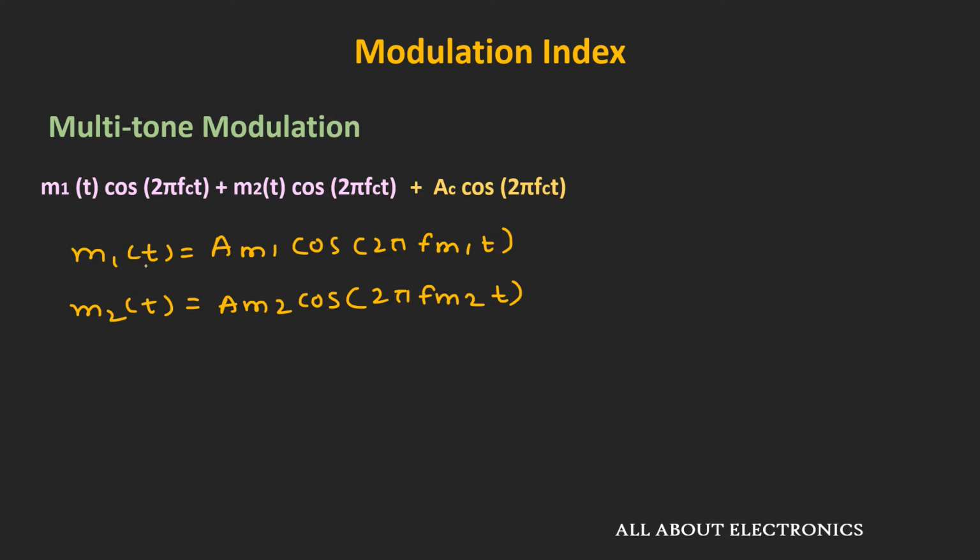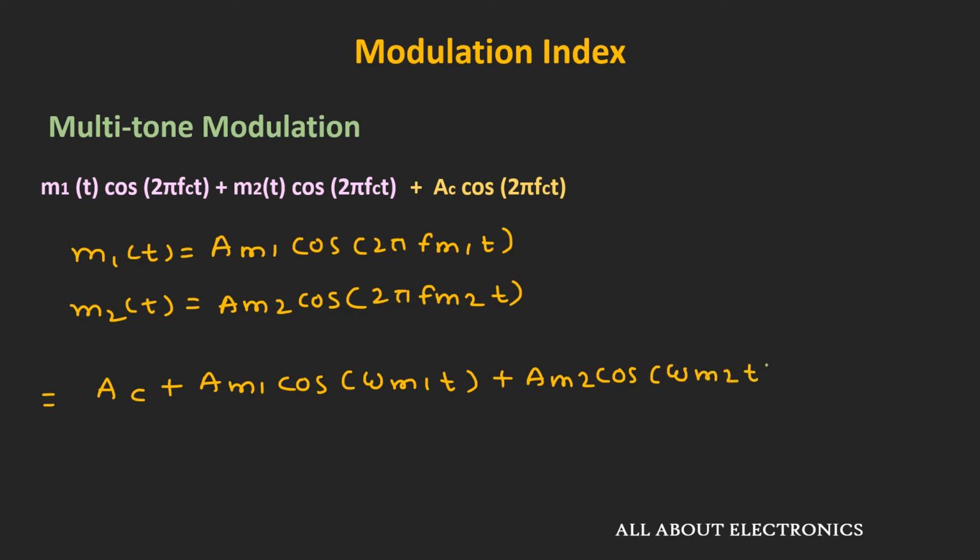So from this we can write this expression as AC plus Am1 times cos of omega m1 t, because this 2 pi fm1 is equal to omega 1. That means Am1 times cos of omega 1 t plus Am2 times cos of omega m2 t, times cos of omega c t, where this omega c is equal to 2 pi fc.